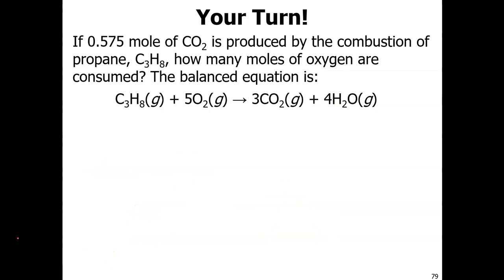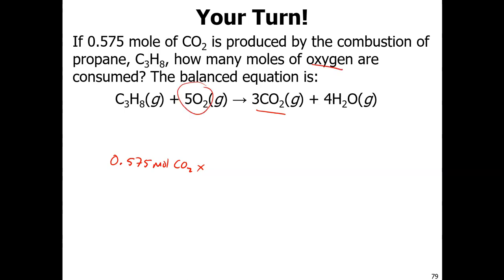Now that I have a balanced equation, I can use this information. Again, I like to start with what I have. I have 0.575 moles of CO2, and here's that CO2 group. I need to make a conversion factor. How many moles of oxygen are consumed?